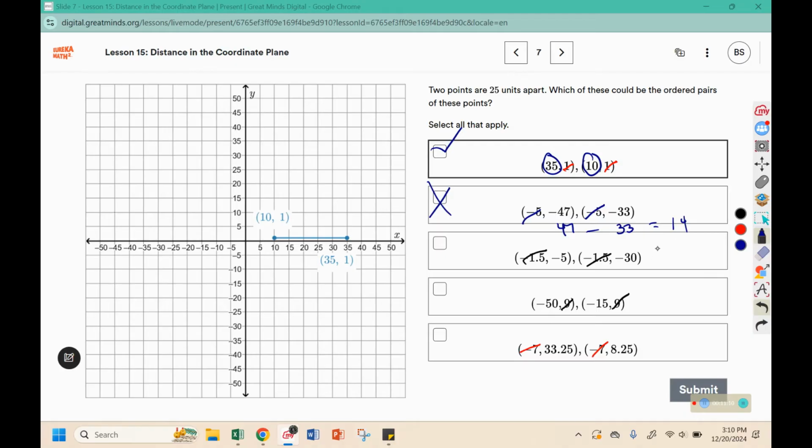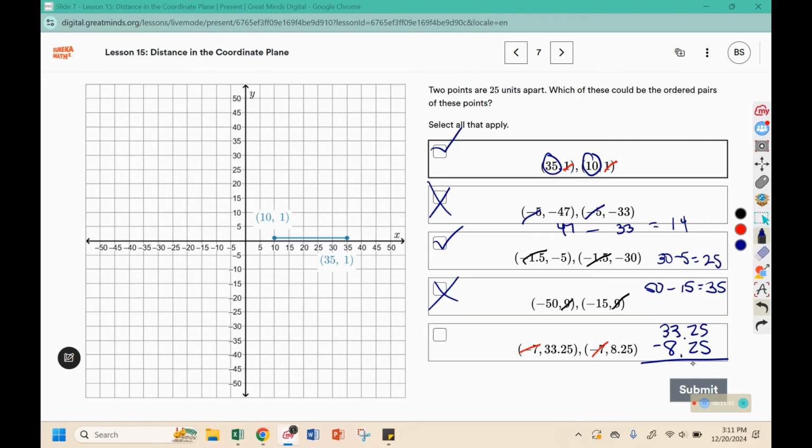This one I have an absolute value of 30, and this one has an absolute value of 5. So if we subtract those, that gives us 25. Here I have an absolute value of 50 and an absolute value of 15. Well, that would be a difference of 35. So it can't be that one. This one I have an absolute value of 33.25 and 8.25.